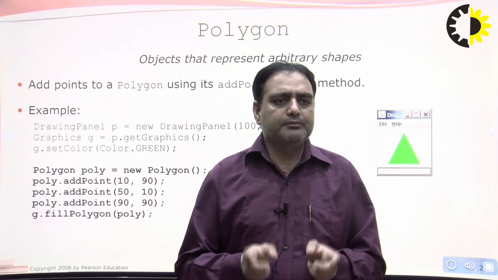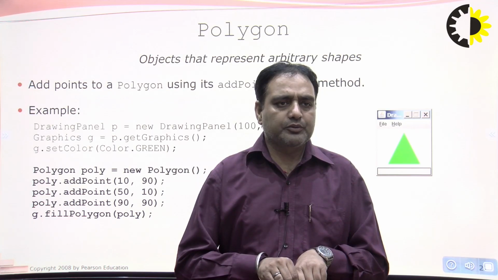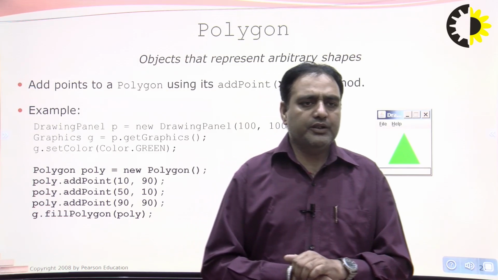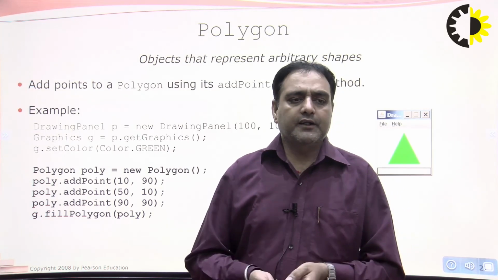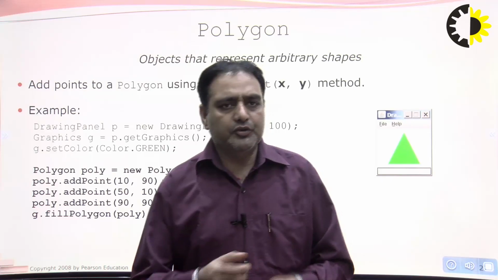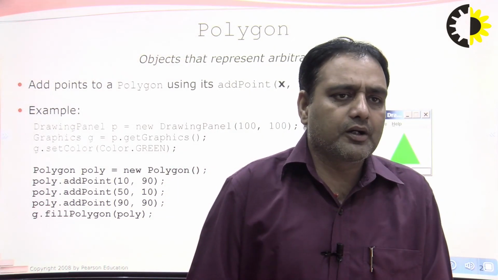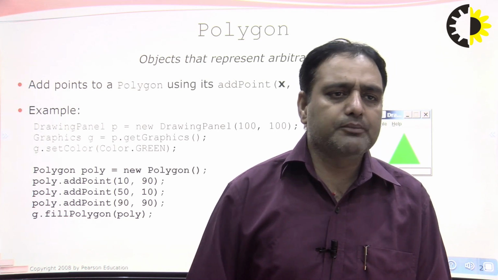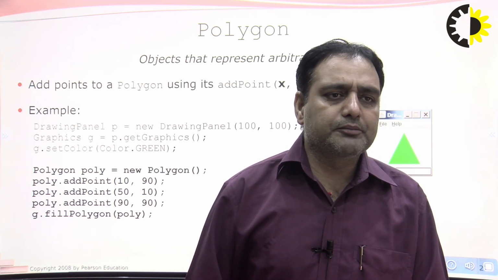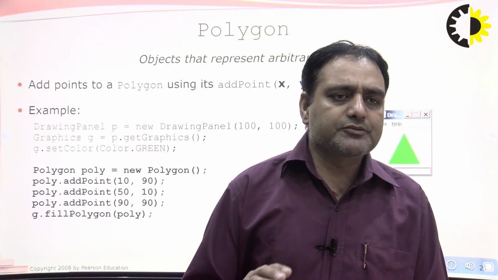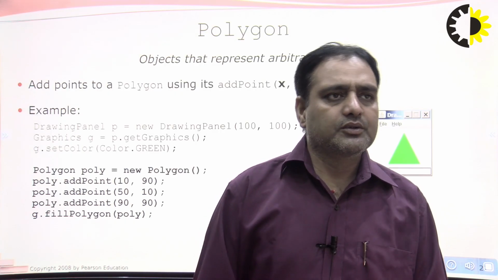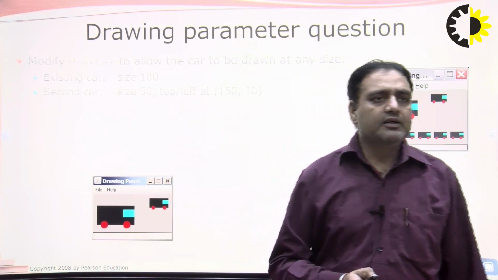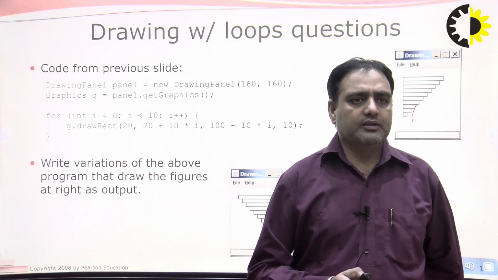When you are creating a graphics program, firstly you include the package, that is AWT, create the objects, create the drawing panel, make the shapes, fill the shape, outline it, and set specific coordinates for creating the particular shapes. Okay, thank you students. These are the basic concepts behind graphics programming in Java.